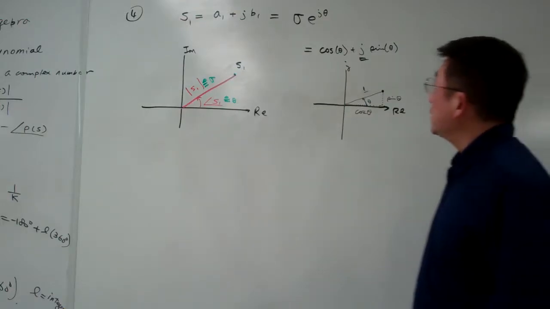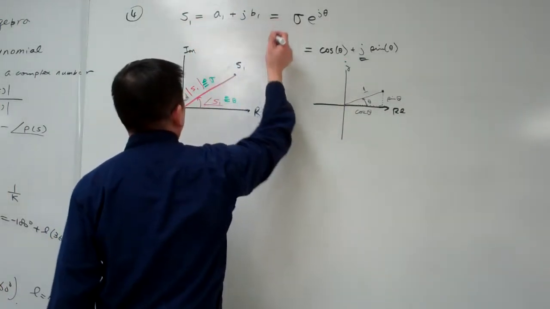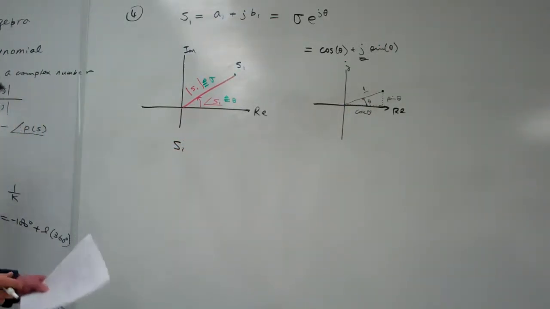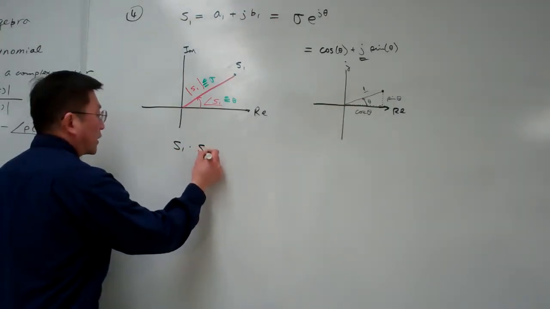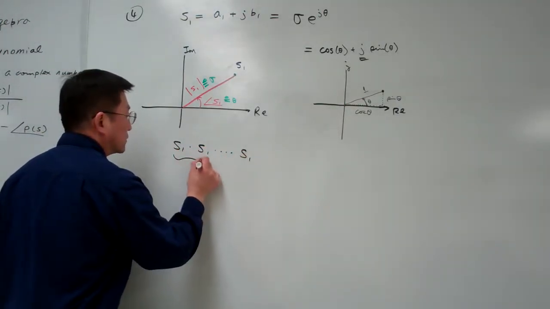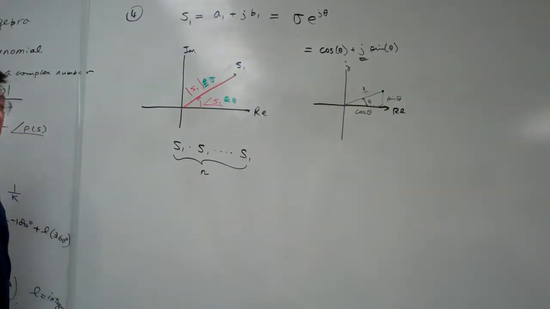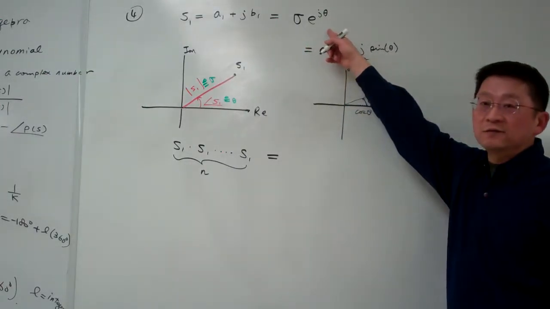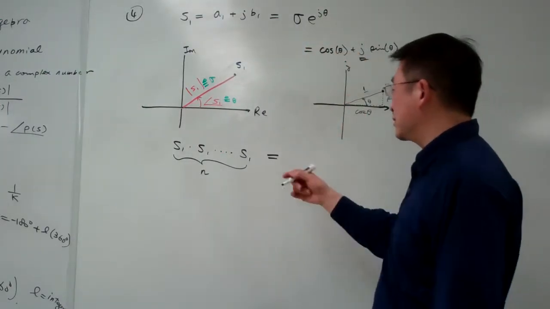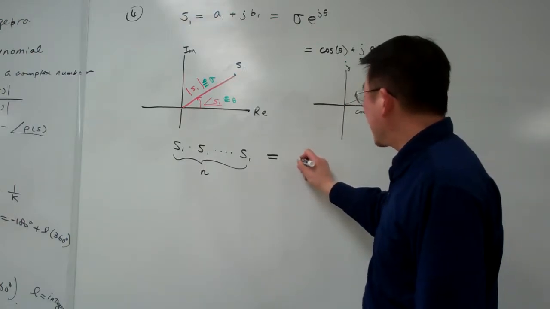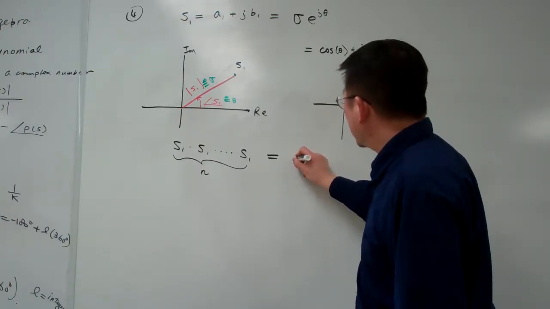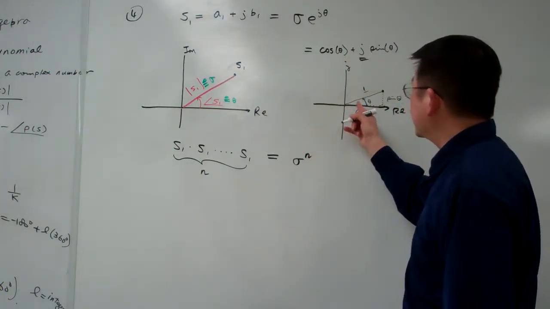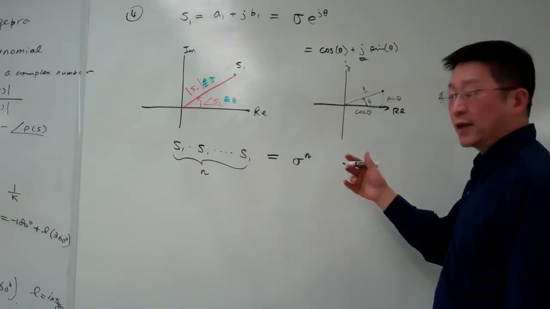So with this in mind, by definition, we can calculate, say, if we want to multiply S by itself n times, we can use this very powerful definition. The formula we can calculate, but here I directly give you the result. Basically, the magnitude sigma is raised to the power n, and in terms of the phase angle, theta is added up n times.